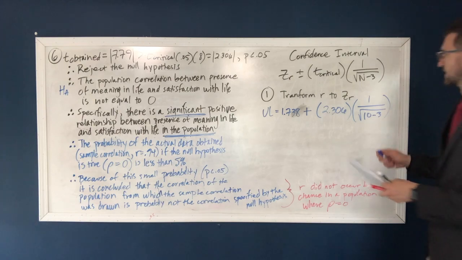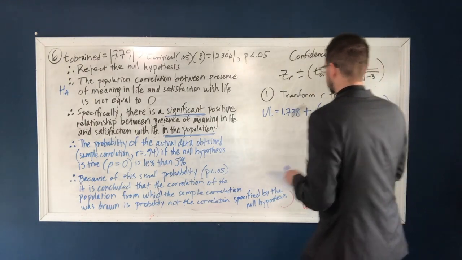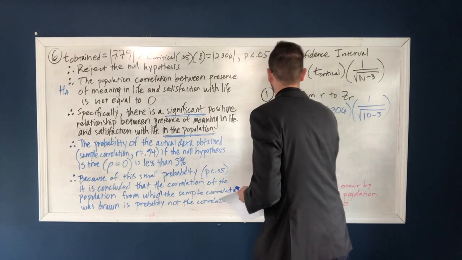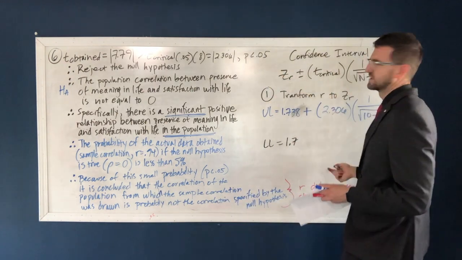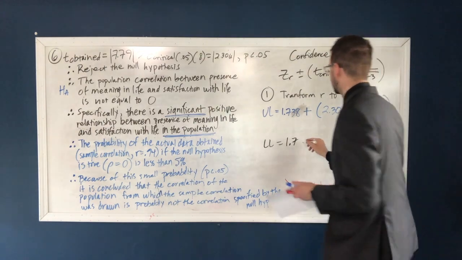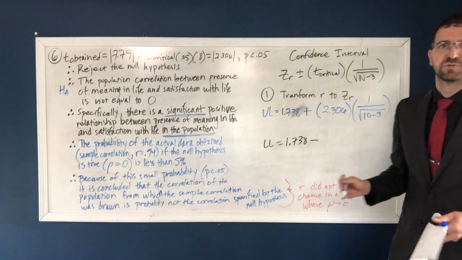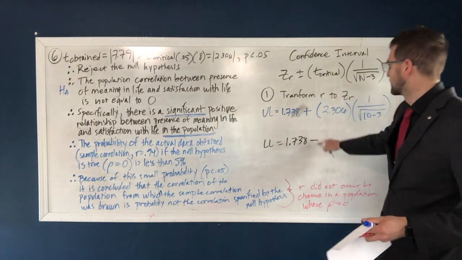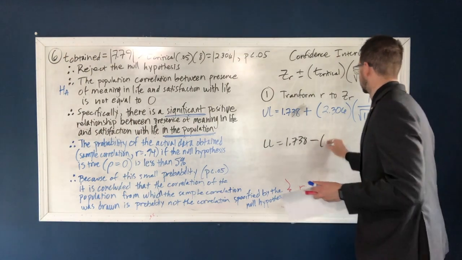And now let's do the lower limit. Well, our correlation didn't change, or rather our ZR. So it's 1.738. The only difference between the upper limit and the lower limit is here. So lower limit you subtract, upper limit you add.